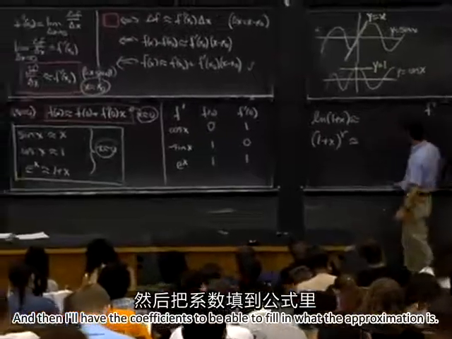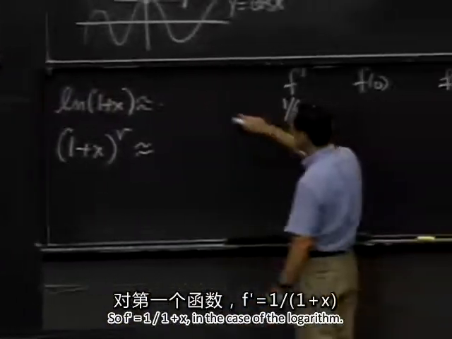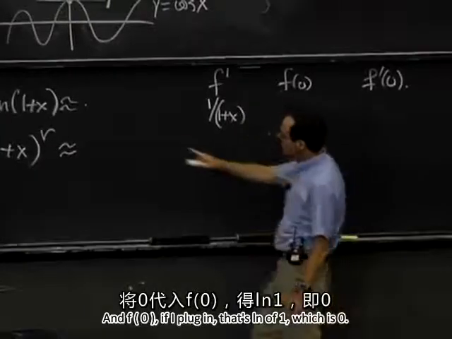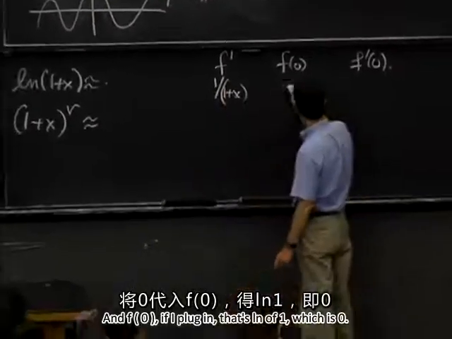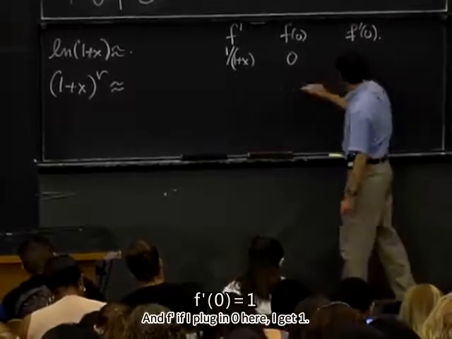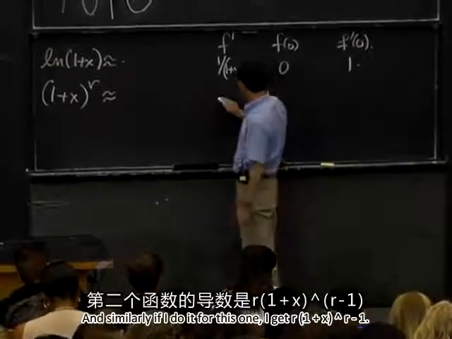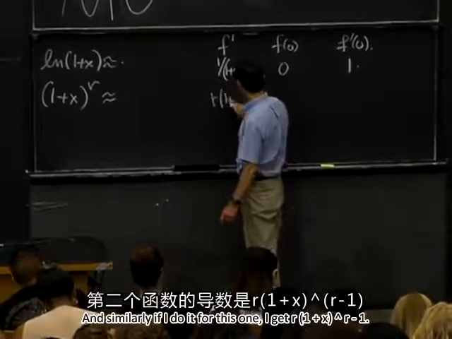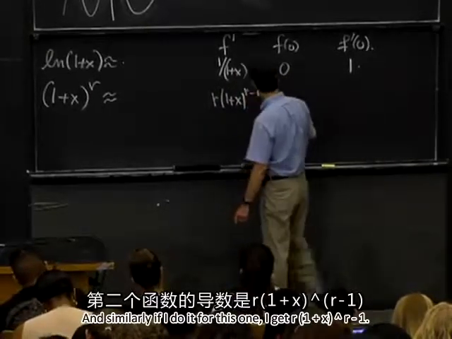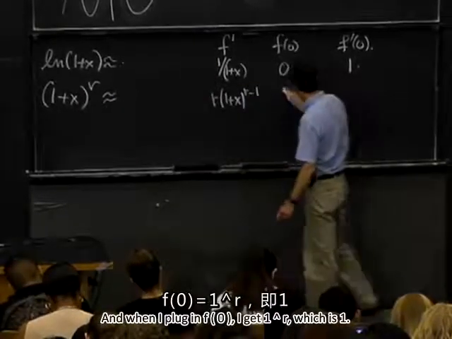So f prime is 1 over 1 plus x in the case of the logarithm, and f of 0, if I plug in, that's log of 1, which is 0. And f prime, if I plug in 0 here, I get 1. And similarly, if I do it for this one, I get r times 1 plus x to the r minus 1. And when I plug in f of 0, I get 1 to the r, which is 1.